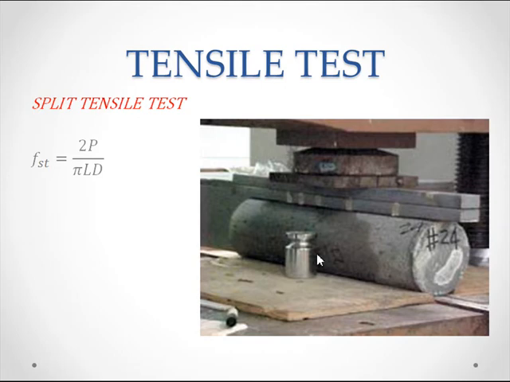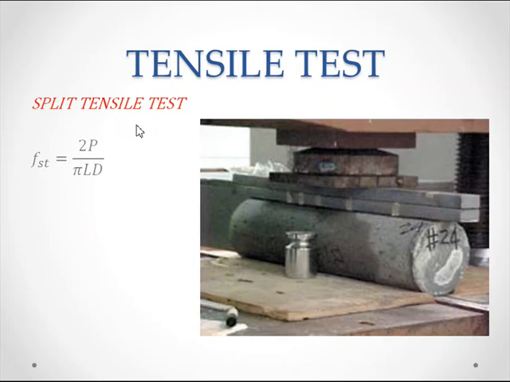So practically we don't have any such equipments for direct tension test of concrete. Hence, we have to adopt indirect tensile strength test. In indirect tensile strength test, we have split tensile test. So we shall look into how the split tensile test is performed.